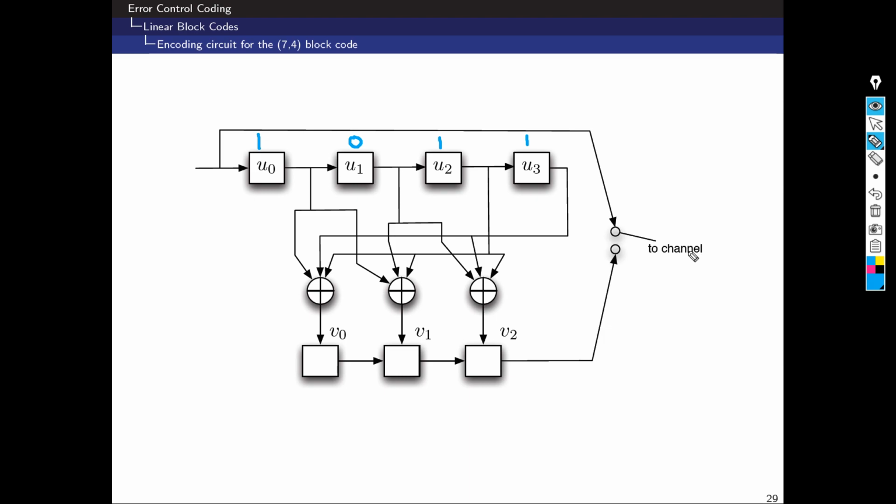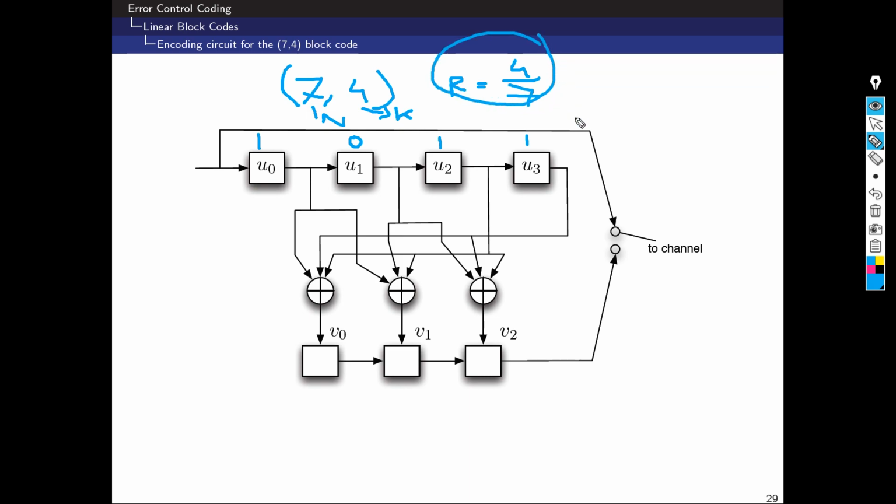Now we need to encode this, and of course we are using a (7,4) block code. 7 means N and 4 means K, and for this example the code rate R is equal to 4/7.